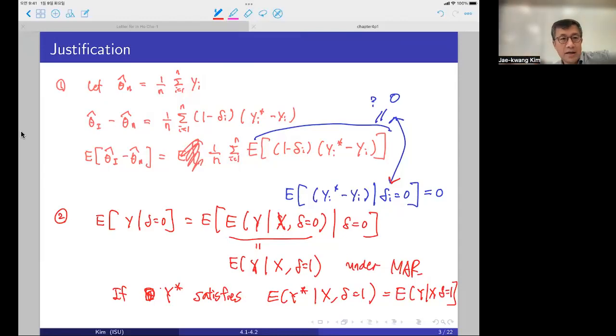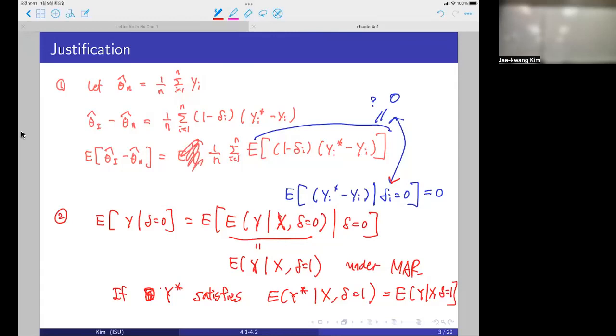Here, does the MAR condition help in anything? You said that we want to find Y star that follows the last equation, so do we need the MAR assumption? This equality does not need it, but for this one we do need it.